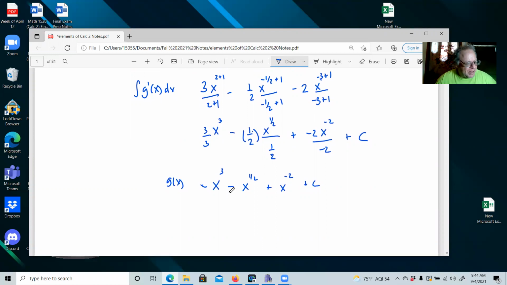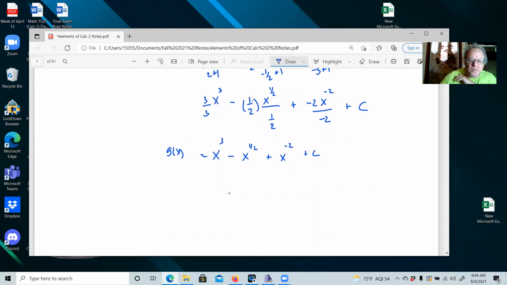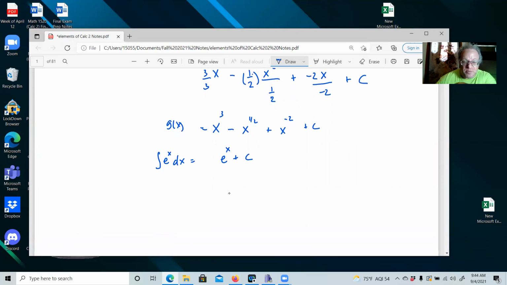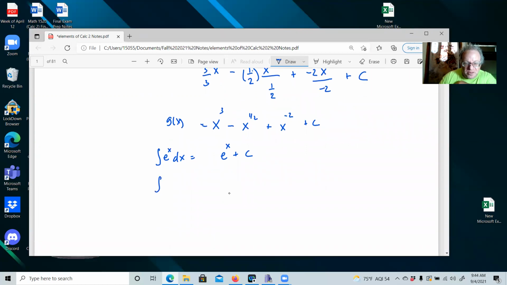Let's see here, a couple extra rules. This is the easiest integral you'll ever have to do. The integral of e to the x is e to the x plus C. It gets a little bit harder to get to this one.